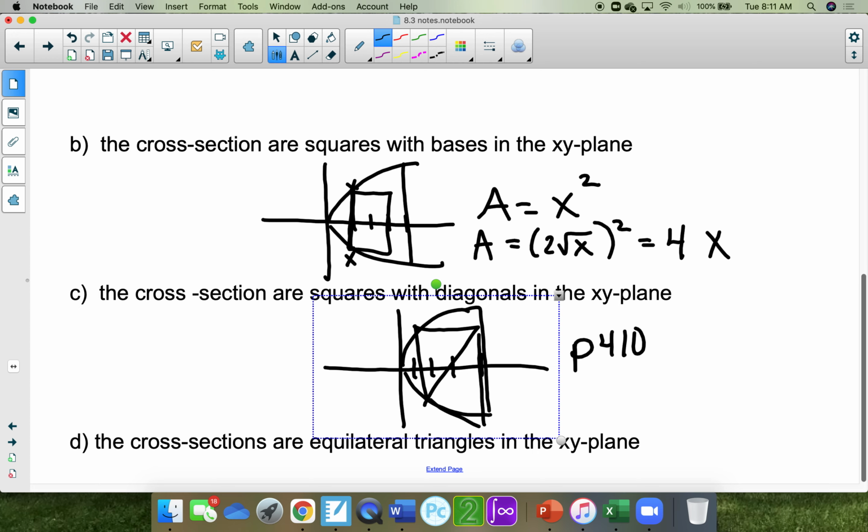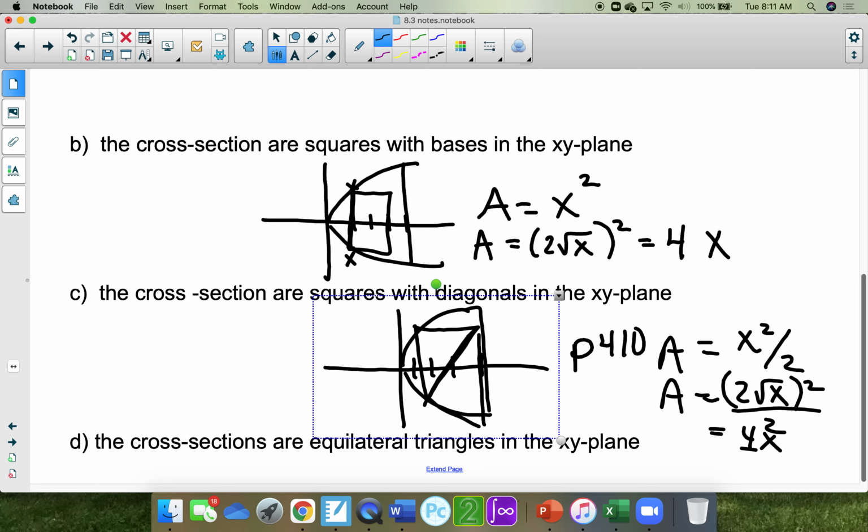Again, I'm not drawing the best picture of it, but the formula for this one is x squared divided by 2, and the diagonal is 2 root x, squared divided by 2, which ends up being 4x divided by 2, which ends up equaling 2x.